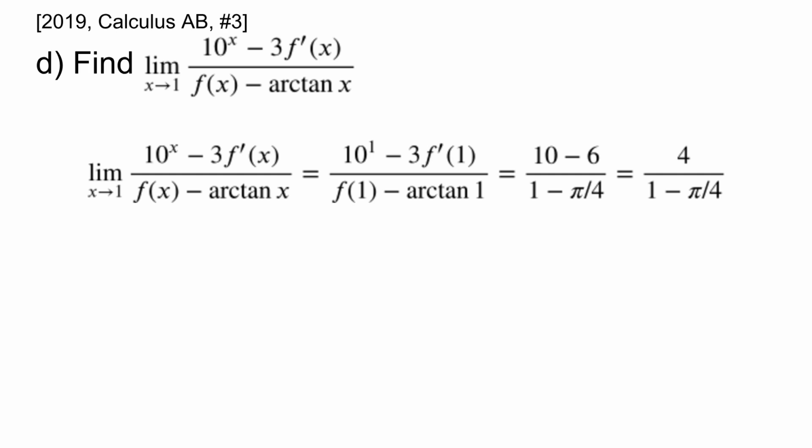The limit as x approaches 1 would be 10 to the first power minus 3 times f prime of 1 divided by f of 1 minus arctangent of 1, which turns out to be 10 minus 6 all over 1 minus pi fourths, and that reduces to 4 over 1 minus pi fourths.